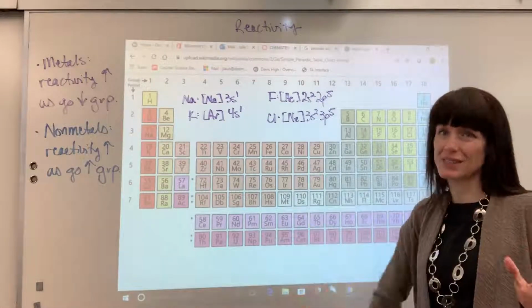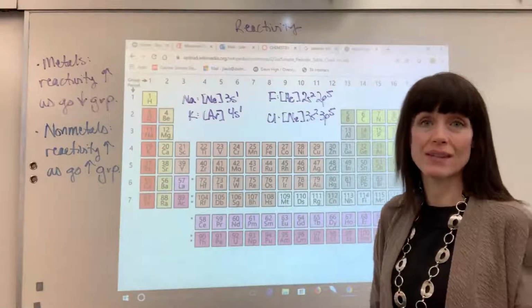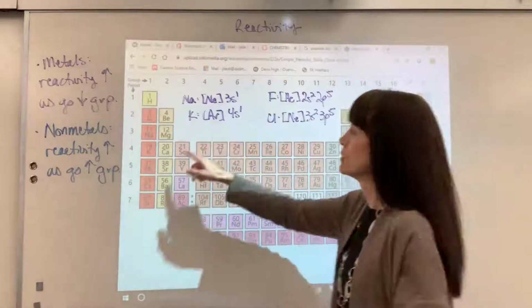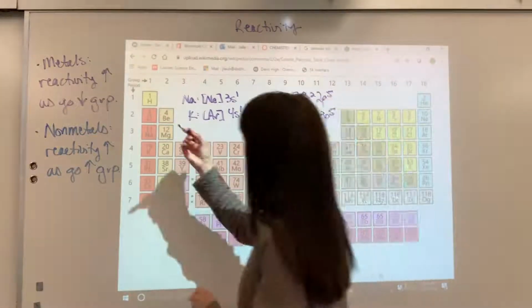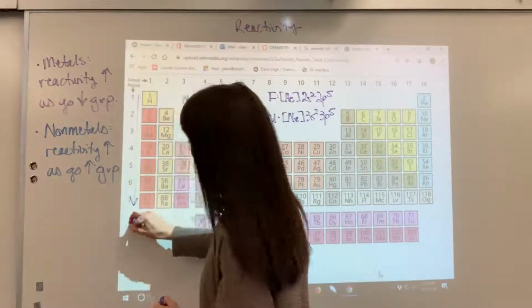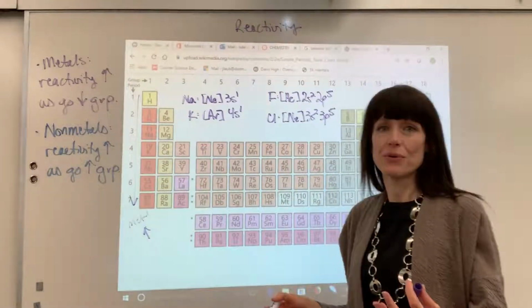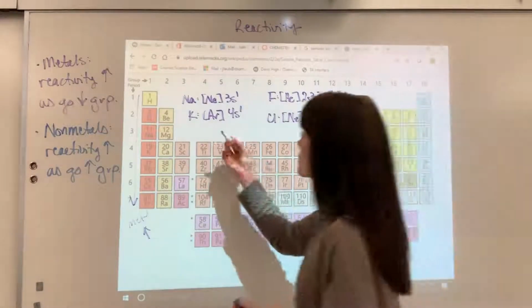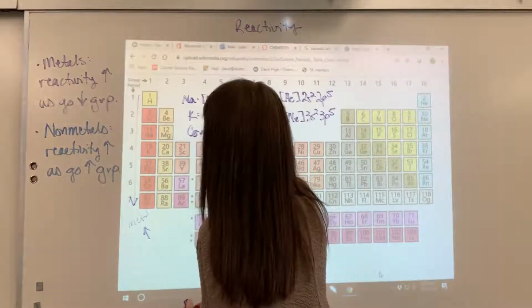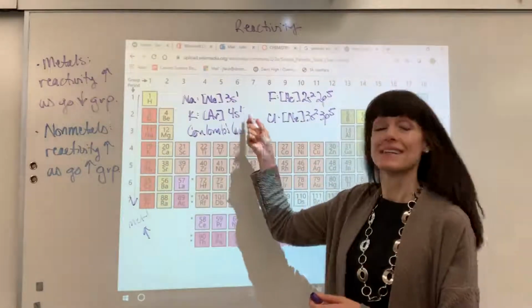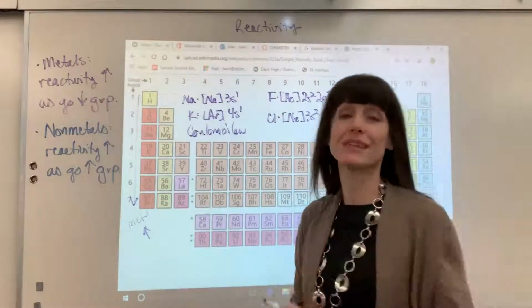Okay, so here's the reason why, and we can see it with the electron configuration. Let's first talk about metals. As we go down that group, the metals are going to have a really high reactivity. This comes from Coulomb's law. The reactivity here is going to be losing an electron.